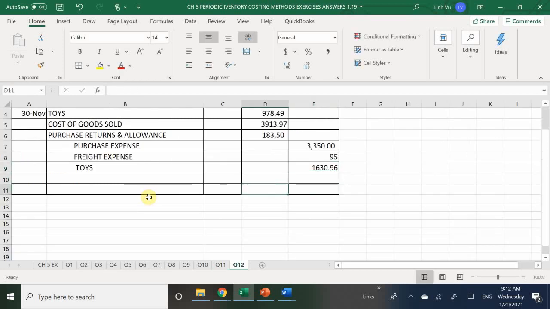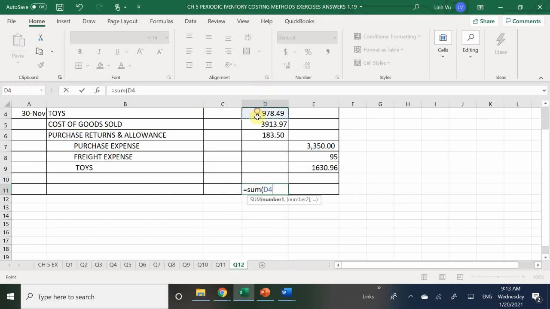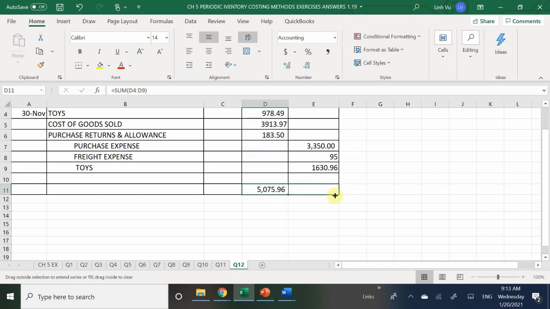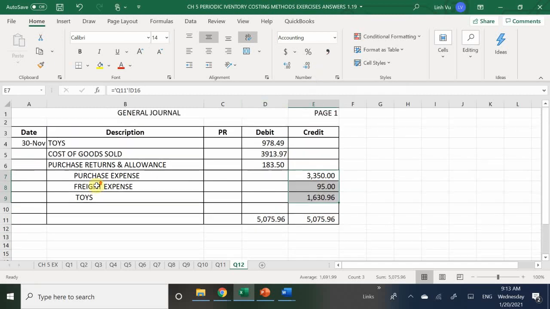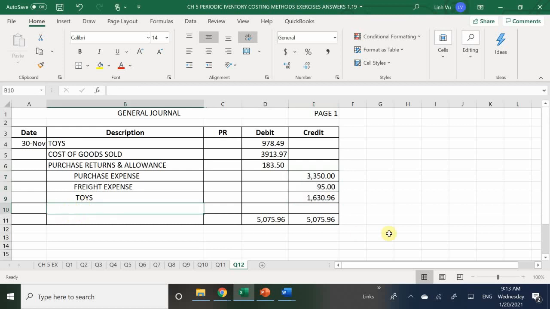We're going to double confirm that our debits match here. I got 5,075.96. So we are successful and we're able to compute this. All right. So now I'm going to go ahead and make sure I add this real quick in here.